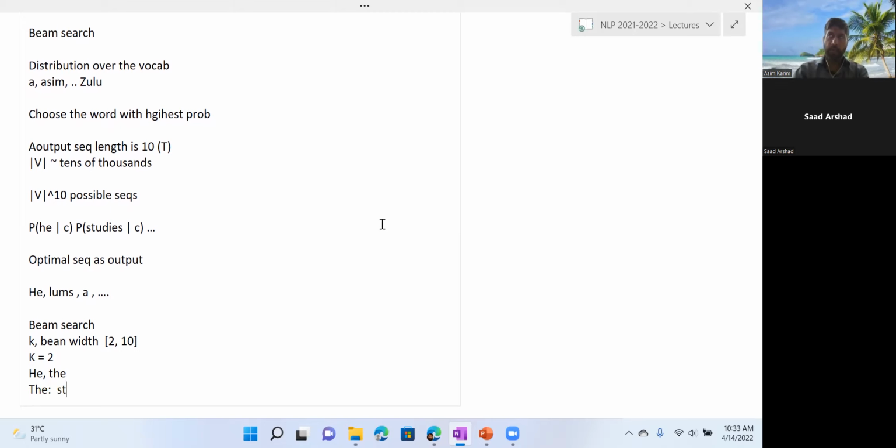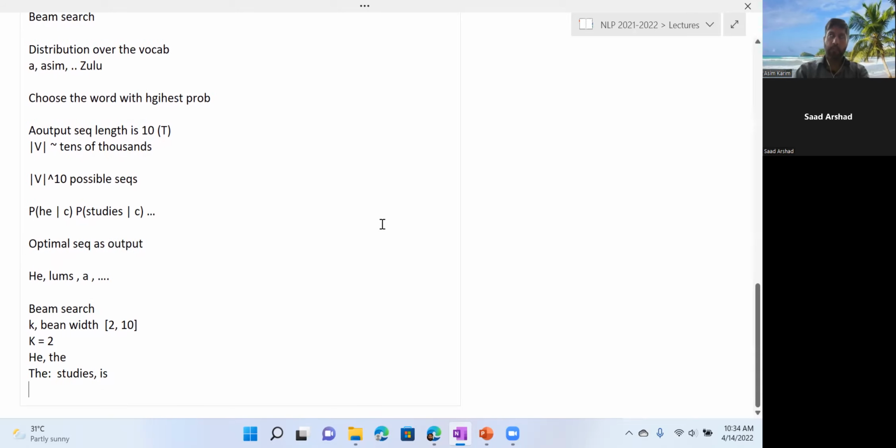So let's say एक मेरे पास studies आ गया और दूसरा is आ गया. ठीक है, ये मेरे पास with he as the context किया आपने. ठीक है, and then आपने एक the के साथ भी किया.